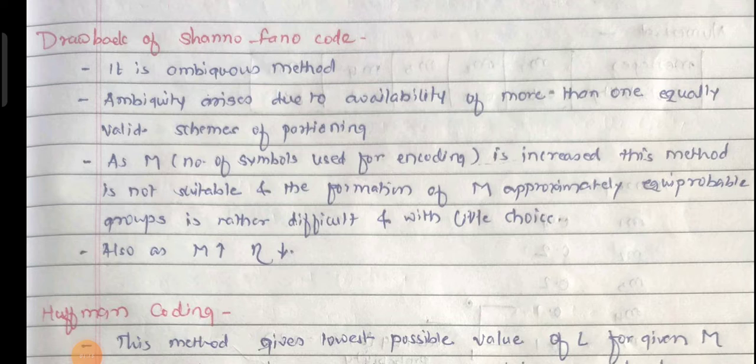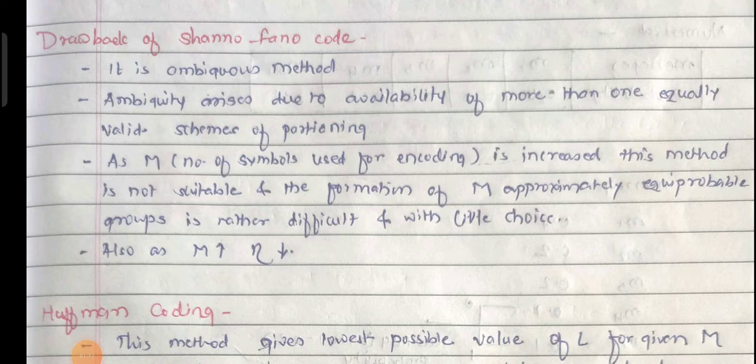Also, as the number of messages increases, this method is not suitable, and formation of m approximately equiprobable groups is rather difficult, which gives us very little choice for partitioning.